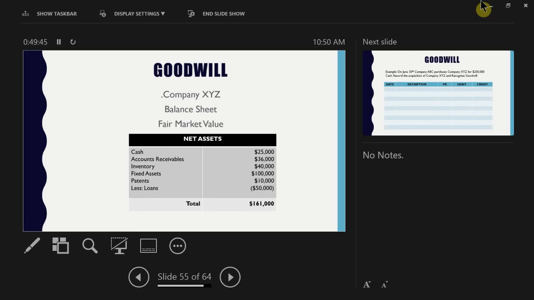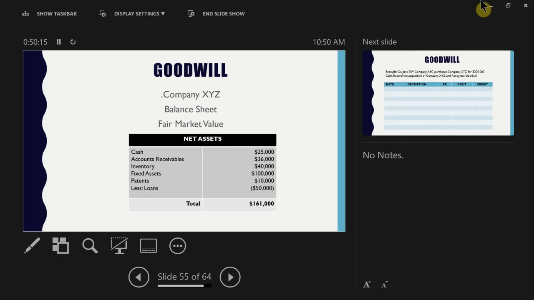Now, in this case, when we went through the appraisal, they said that if you purchase this company and renew the patent, this patent is valued at $10,000. So we see that a lot of the fair market value changes if we acquire this business. What can I do to gain more money? Or what happens if I liquidate my assets? Boom. These are the fair market values.